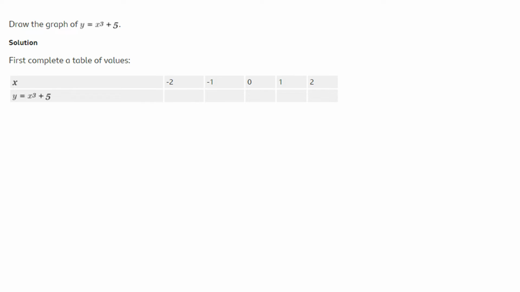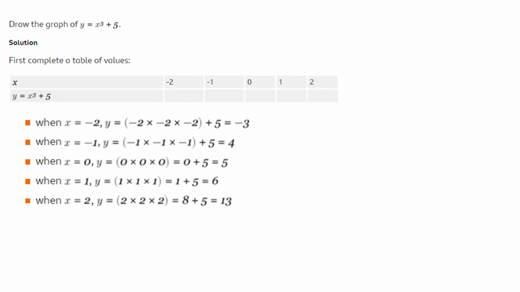You would be taking the x values that you were given and substituting them into the equation that you were given. Here, y equals x cubed plus 5. So for the first point, when x equals minus 2, substituting minus 2 into the equation instead of the x, you would get minus 2 times minus 2 times minus 2 plus 5.